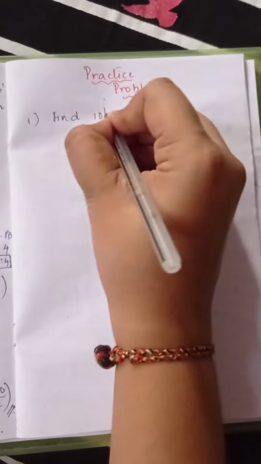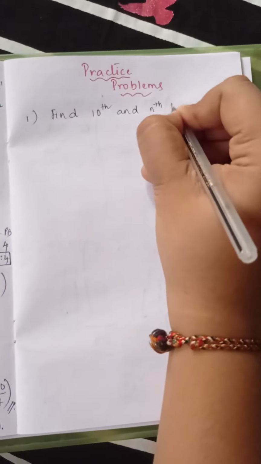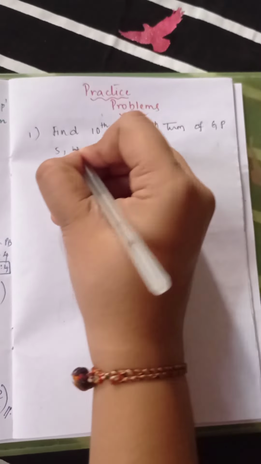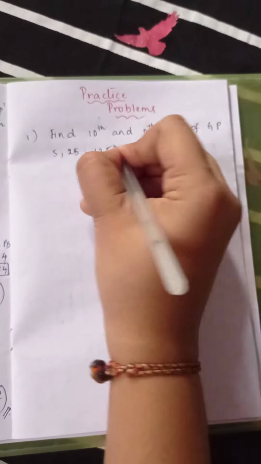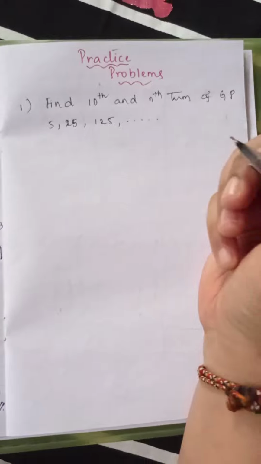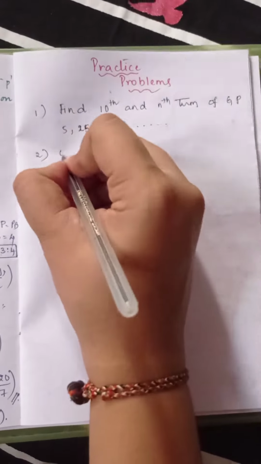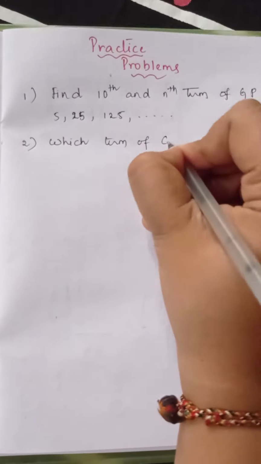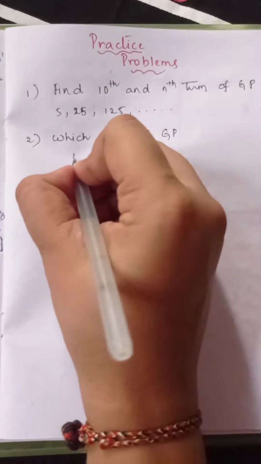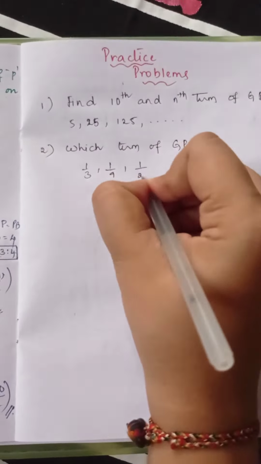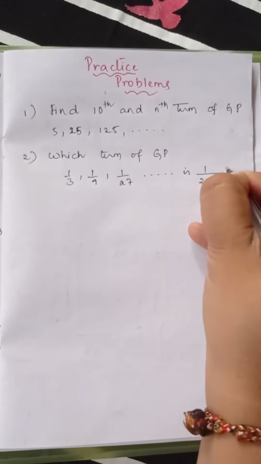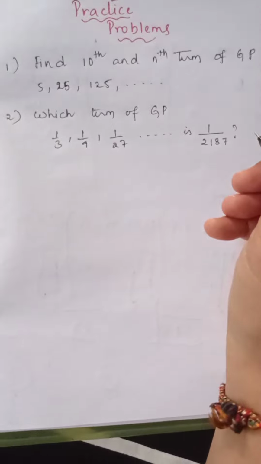And now you can do practice problems at home. Find 10th and nth terms of GP 5, 25, 125, and so on. Okay, same as the first one. Next, which term of the GP 1 by 3, 1 by 9, 1 by 27 is 1 by 2187.